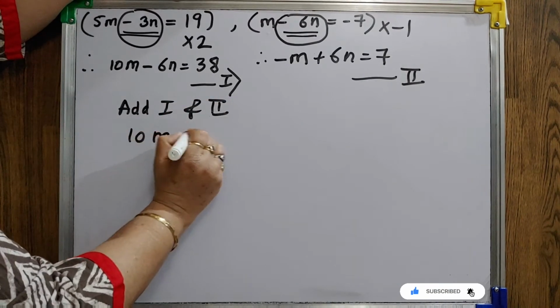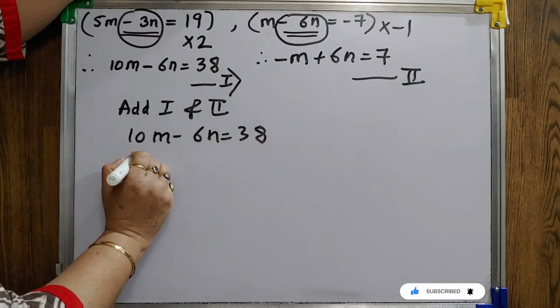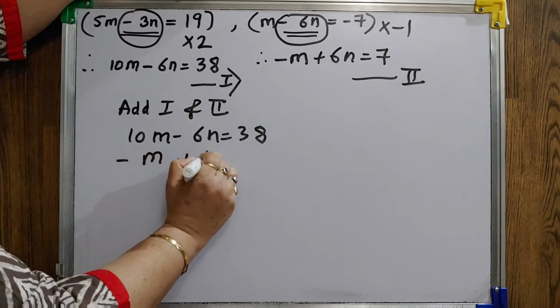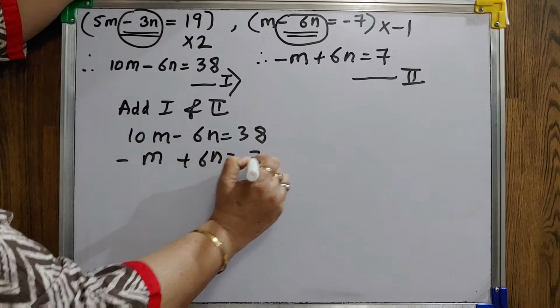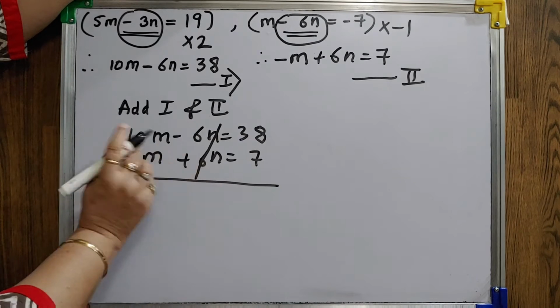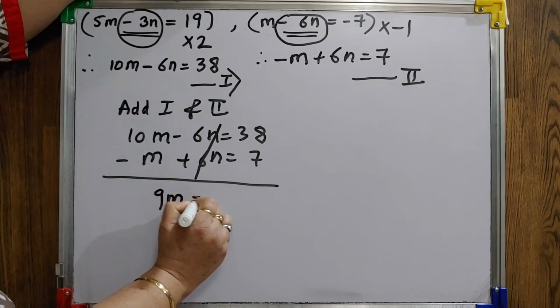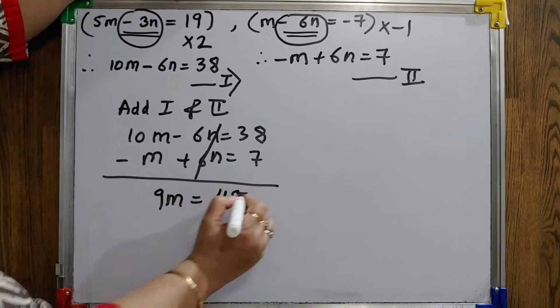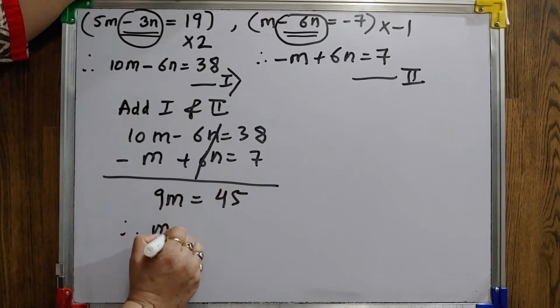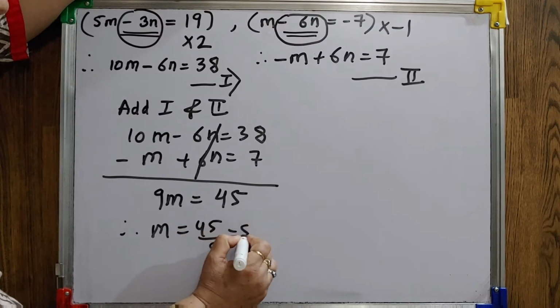Arrange them. Six n will get cancelled. 10m minus m will give you 9m and this will give you 45. So your m will be 45 by 9, that is equal to 5.